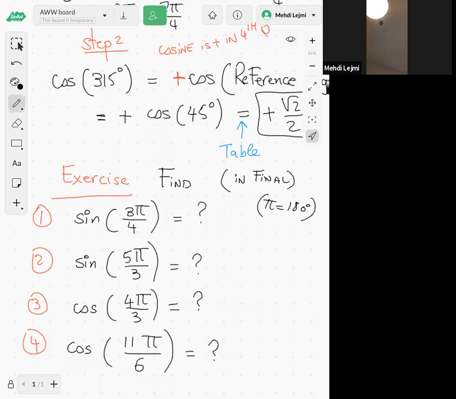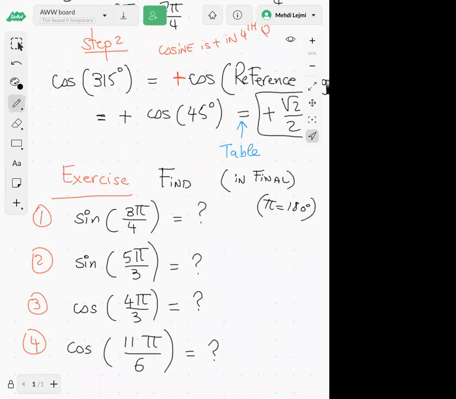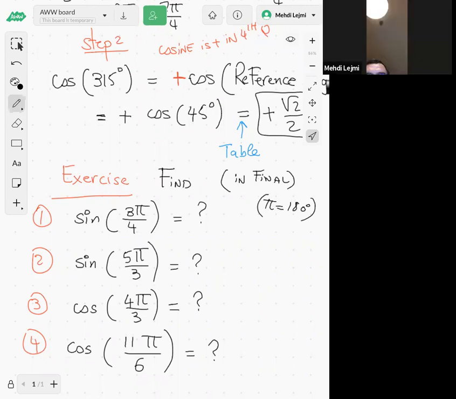That'll be 135. Lorden, yes, for number one, square root of 2 over 2.